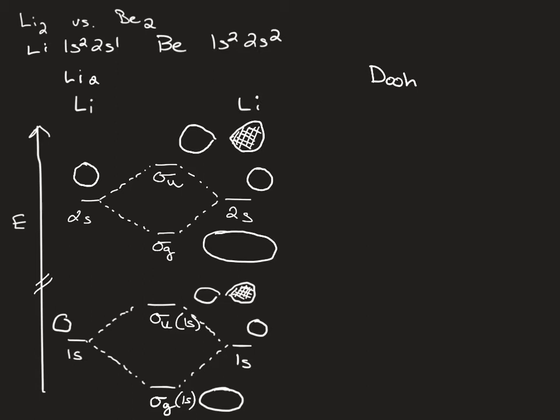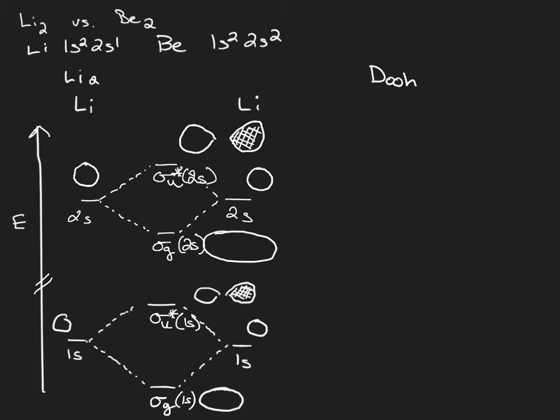The sigma g from the 2s combinations will have a 2s, and the sigma u will have a 2s to specify. We can further distinguish these by determining what's a bonding and an anti-bonding orbital. If an orbital is an anti-bonding orbital, coming from the out-of-phase combinations, then we're just going to put a star next to it.